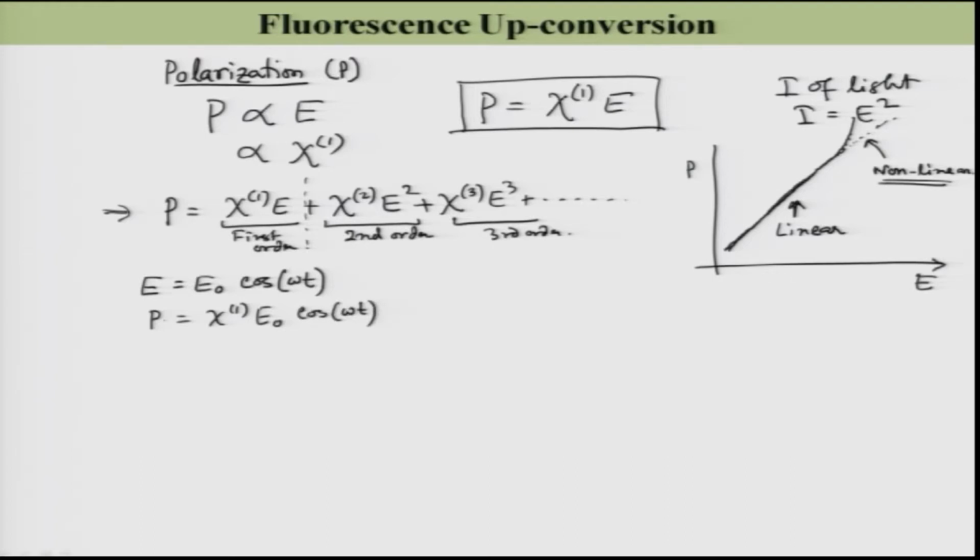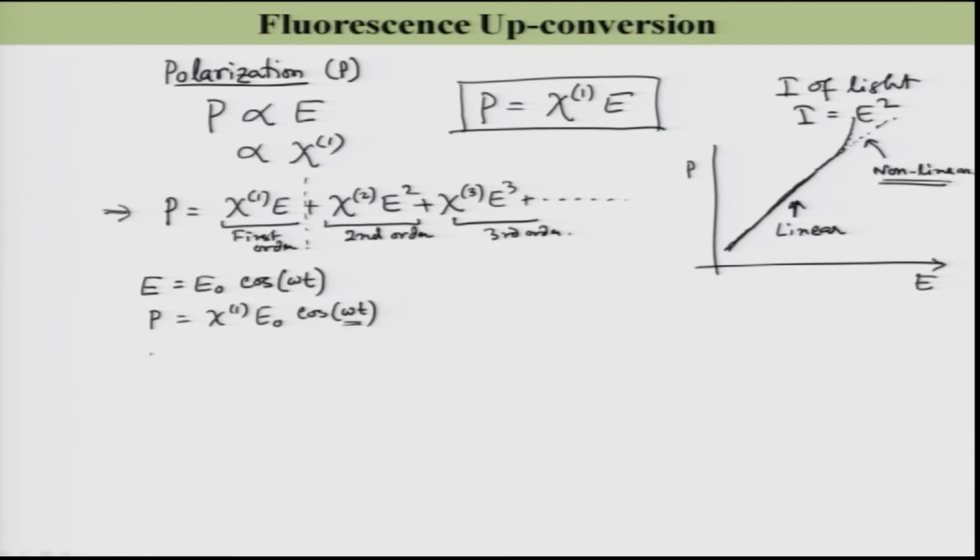So, you see that the polarization, that means the induced dipole moment, also oscillates with this same frequency. That means the color of light which will come out of here will be the same color, because it is the same frequency. So, color is the same.